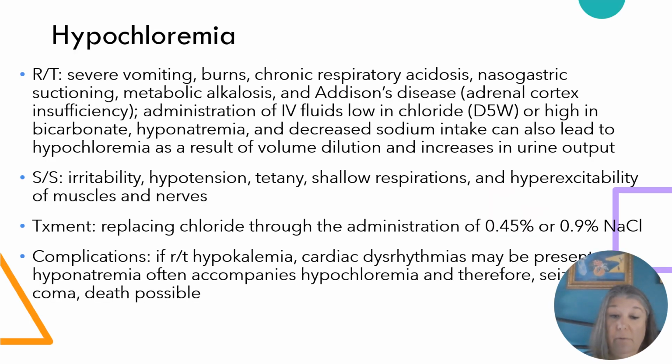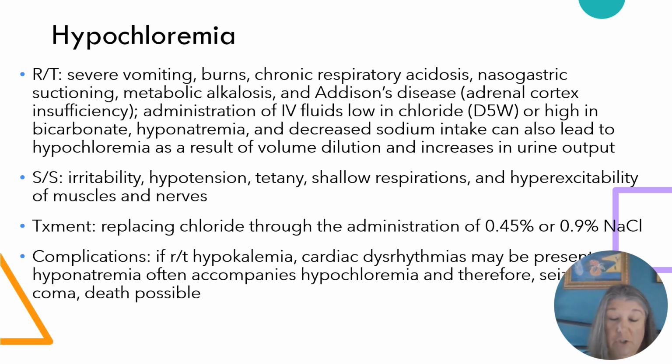Hypochloremia. This can be related to severe vomiting, burns, respiratory acidosis, NG suctioning, metabolic alkalosis, which we're going to talk about, Addison's disease, maybe administration of IV fluids that didn't have any salt in them, like our dextrose solutions, or anything high in bicarb.